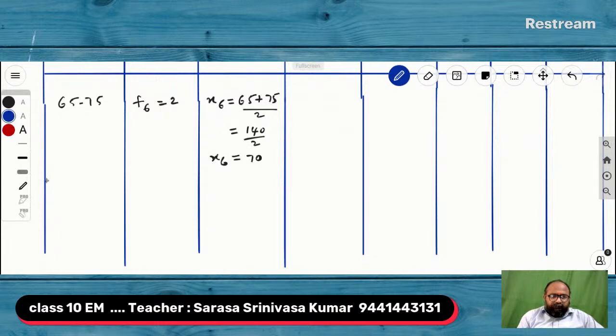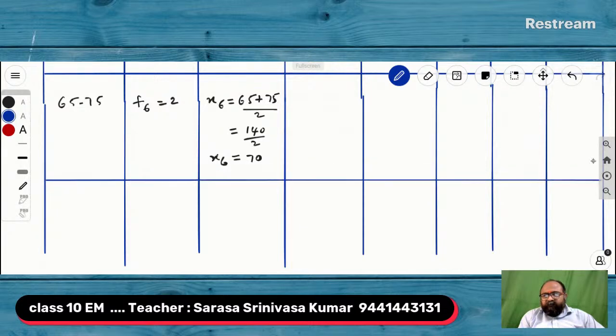Now we consider the class interval 75 to 85. This is F7. So F7 is given as 1.